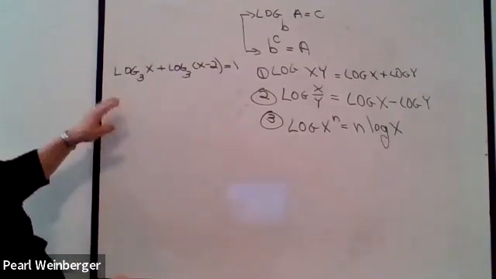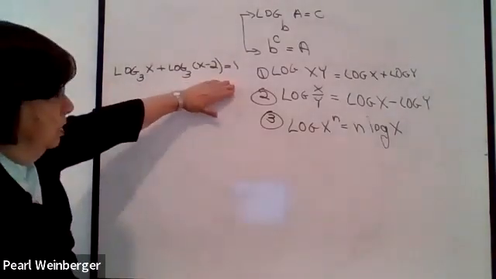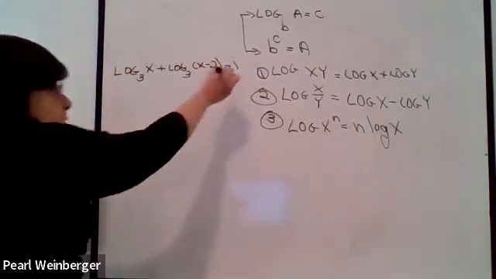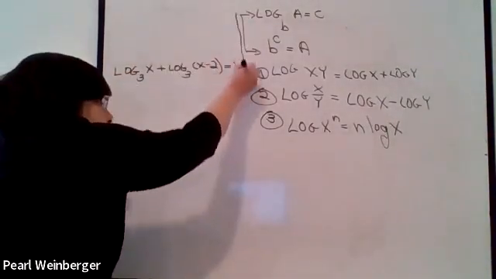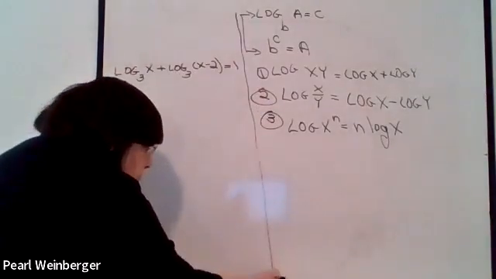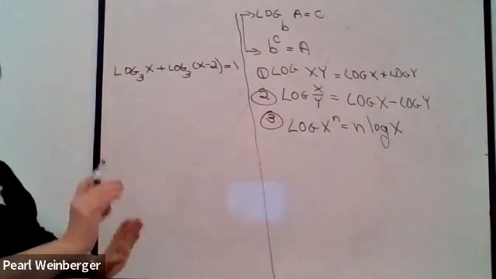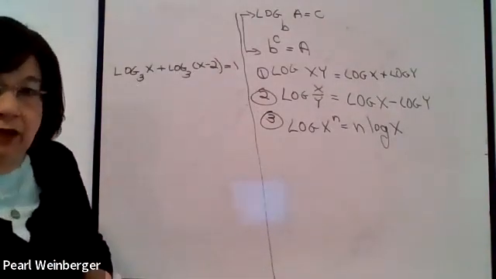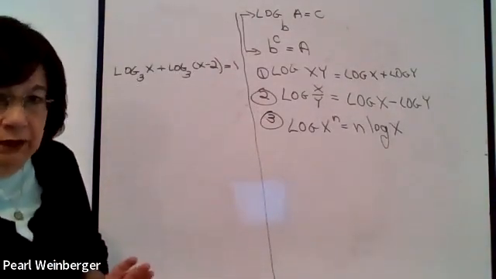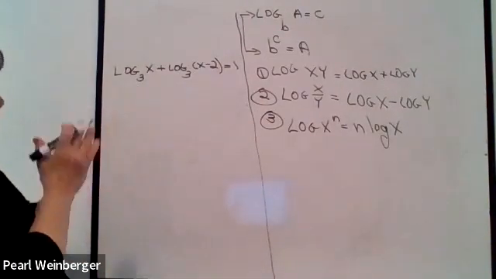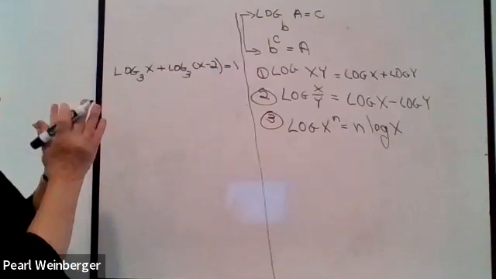Okay, again, we want to solve this log equation. We want to figure out what x is equal to. So again, we are faced with the same problem. We have more than one log on a side. So we have to first get these two into a single log.